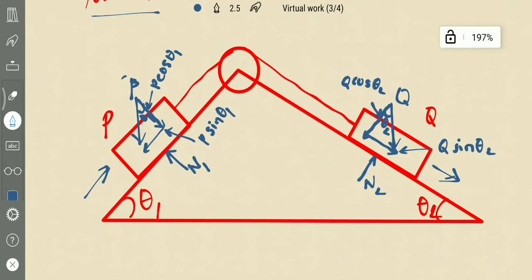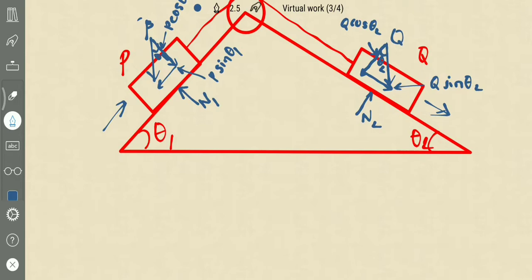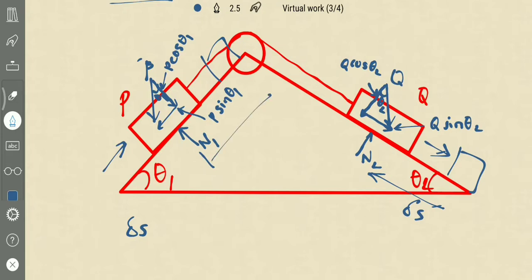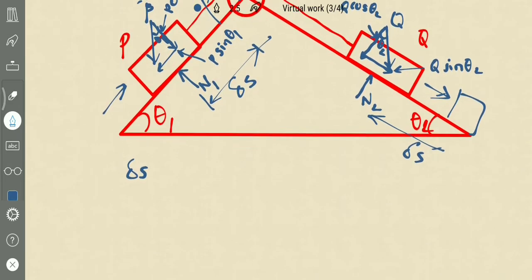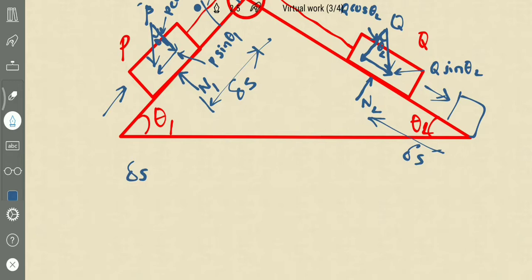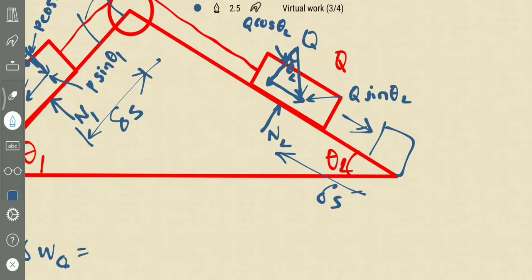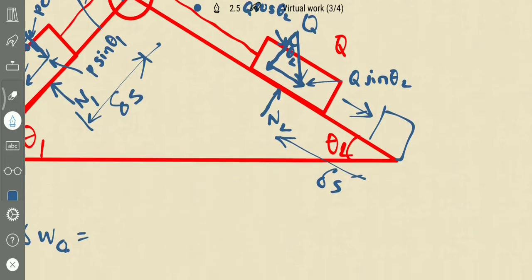So if we consider a small displacement delta s, Q moves a certain distance delta s downwards, and P moves a certain distance up, which is the same delta S. Then the work done by Q, the force in the direction of motion by weight Q is Q sine theta 2.